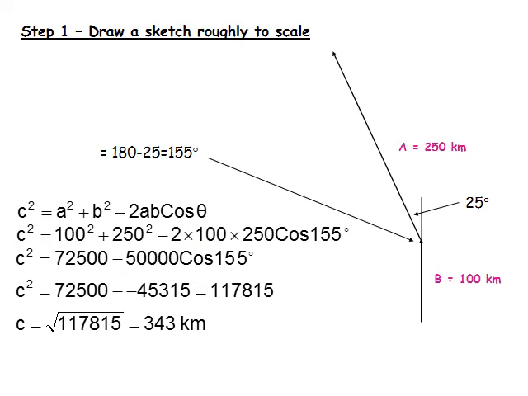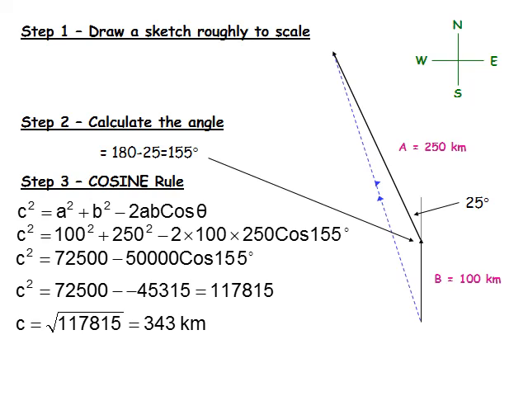Okay, you can solve it with mathematics. You draw it roughly to scale, and you can use your cosine rule. You've got to work out this angle here, and then you can substitute it.